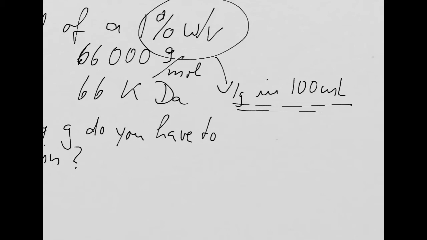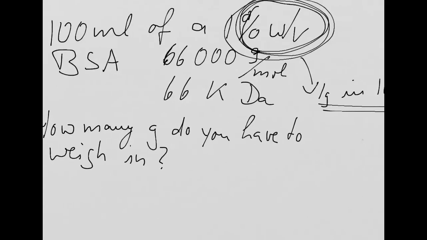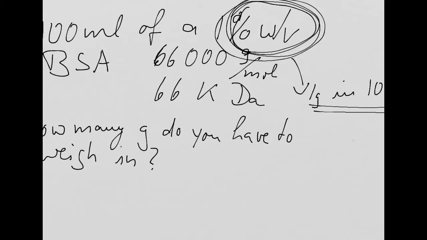That is the definition of percent weight per volume. So, we want to make 100 milliliters. We know the definition, 1 gram per 100 milliliters. So all we need to do is weigh in 1 gram.